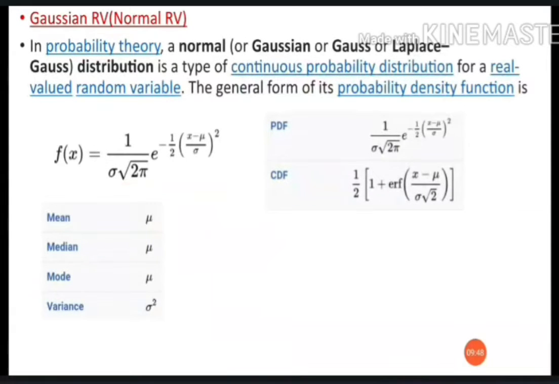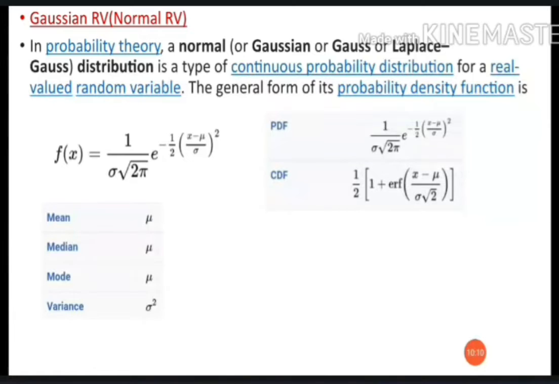And the Gaussian random variable, it's also called the normal random variable. We will be talking about the Gaussian process in detail in a moment. In probability theory, a normal or Gaussian or Laplace-Gauss distribution is a type of continuous probability distribution for a real valued random variable.